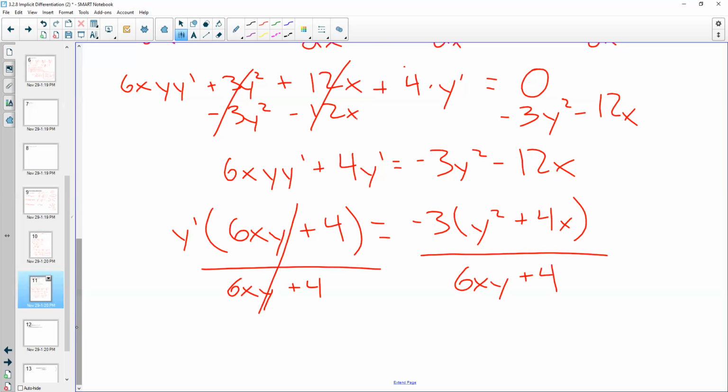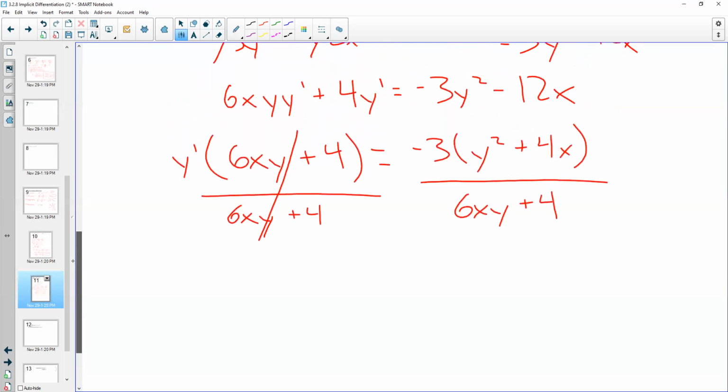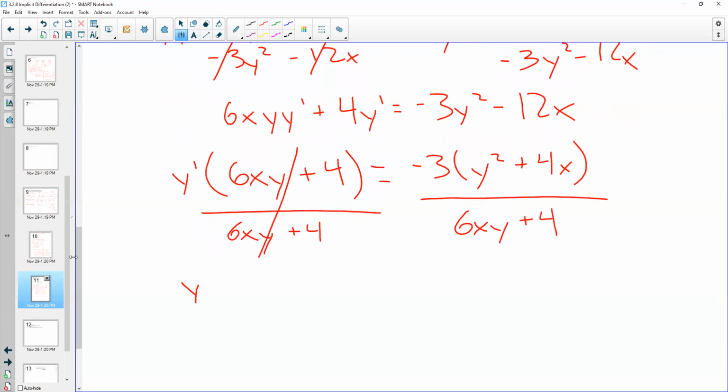Cancel. So we have negative 3 times y squared plus 4x over 6xy plus 4.